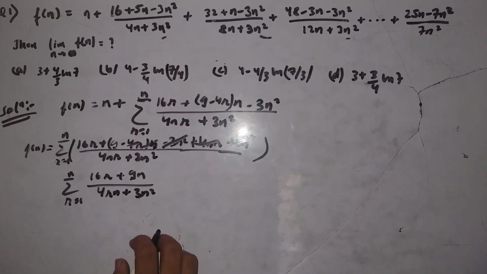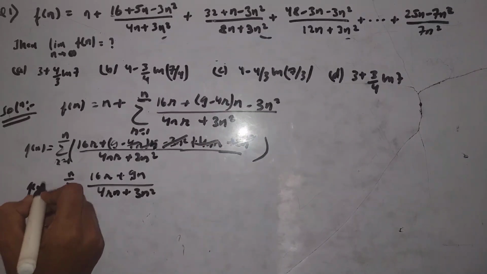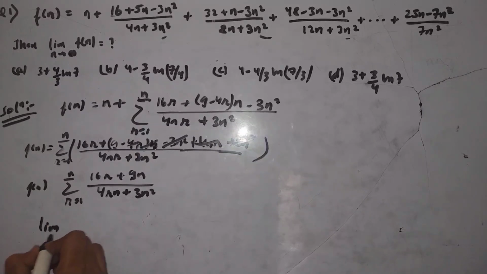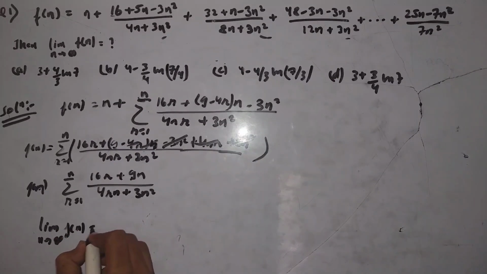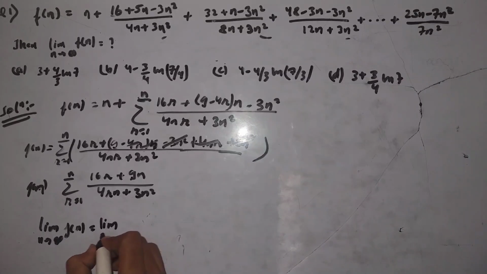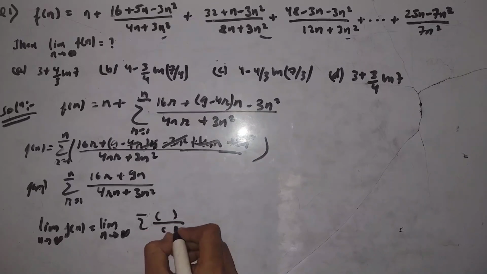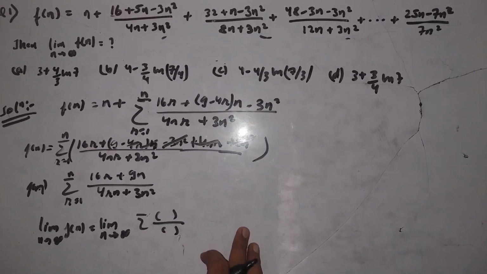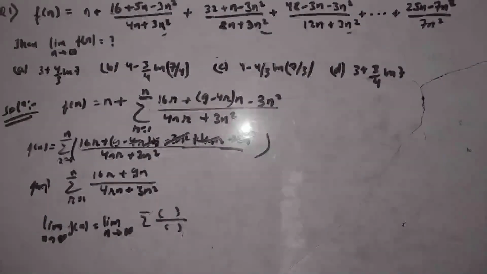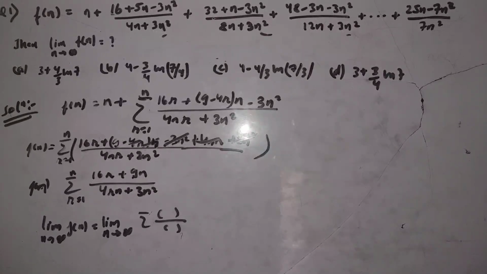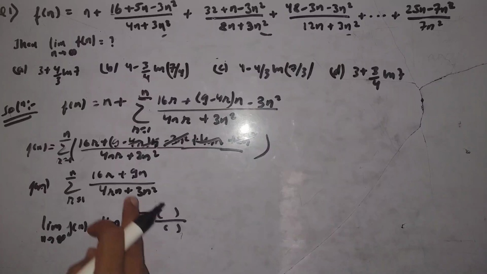Now we are asked to find the limit as n tends to infinity of f of n, so this is the limit as n tends to infinity of the summation of this upon this. We know we can convert this limit into the form of integration. For that we'll take n common.